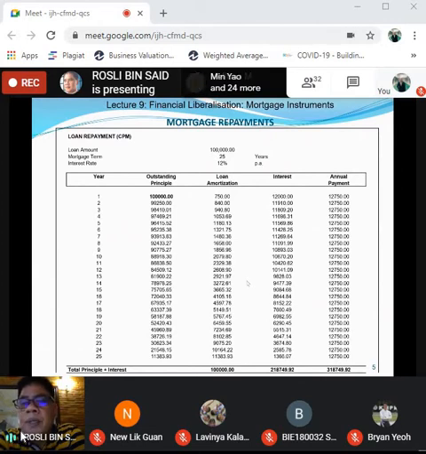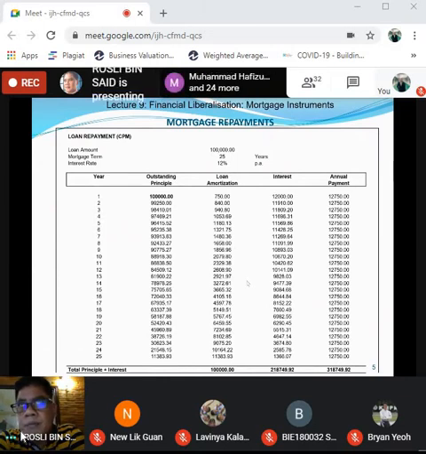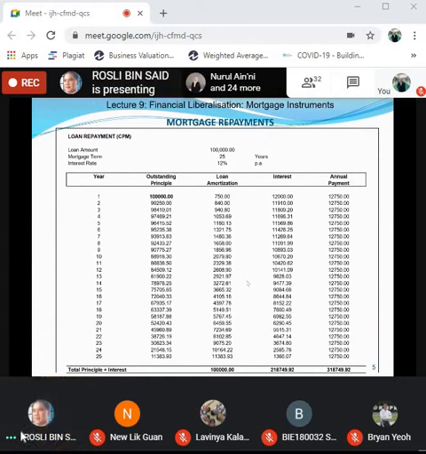So in order to convert it to monthly basis, we just divide into 12 months, to make it the monthly payment. So that won't give you any difference.